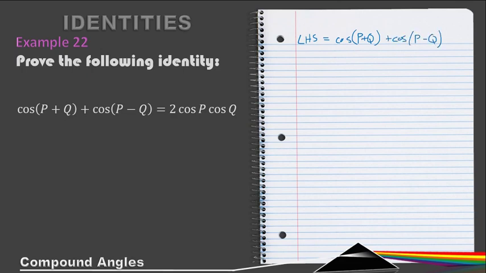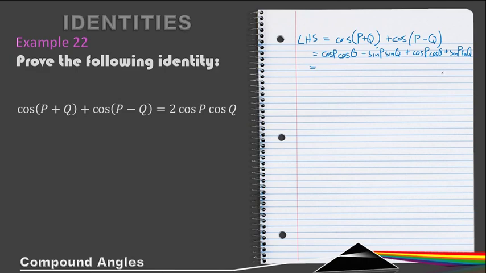Alright, now I'm going to use the compound angle formula just to replace these two with their identity. So cos is cos B, cos Q, and then opposite sign is minus sine B, sine Q. On this side, we have cos B, cos Q. Opposite sign is plus sine B, sine Q. Alright, now let's look at some terms that are the same.